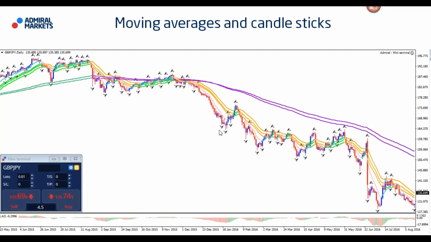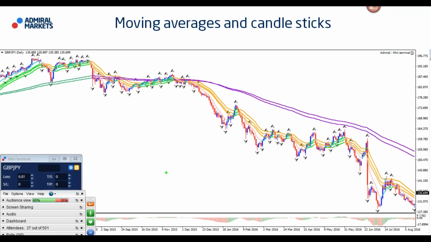And why is that? If I just add a quick reference to wave analysis here, not that you need to know this for trading the strategy, but so that you understand the concept behind it.